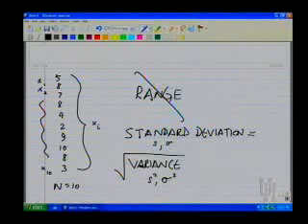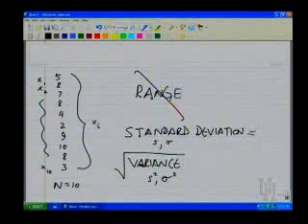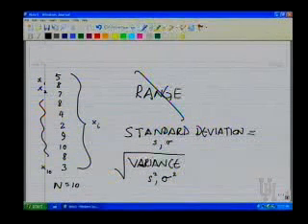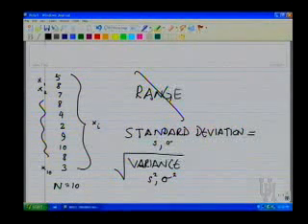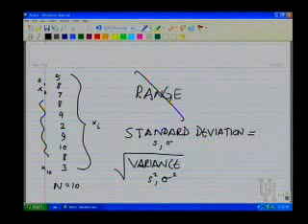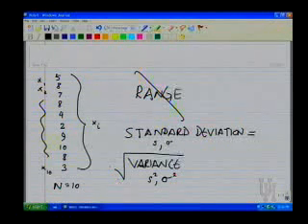For population standard deviation, sigma, and for population variance, sigma squared. The second thing I'm pointing out is that these aren't selected by chance. S and S squared, sigma and sigma squared. S is the square root of S squared. Sigma is the square root of sigma squared. That is, standard deviation is the square root of the variance.